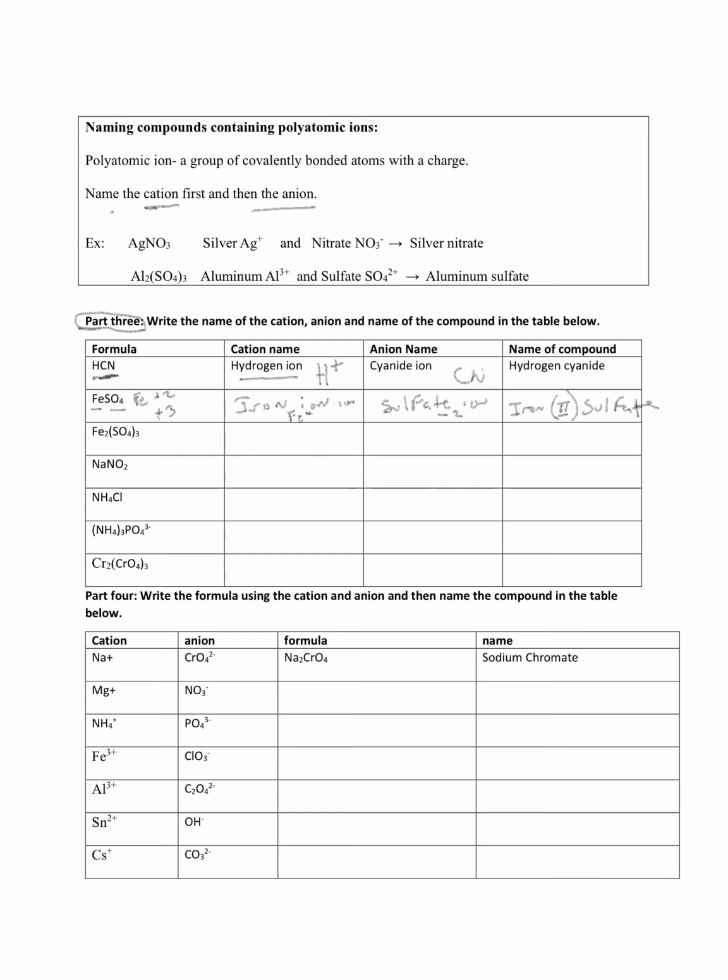So at this point, you should try these on your own. Pause the video, and try to name the cation and anion and the name of the compound for each of these. Then restart the video, and I will write down the name of the cation and anion for each one, as well as the name of the compound, and you can see how you did.